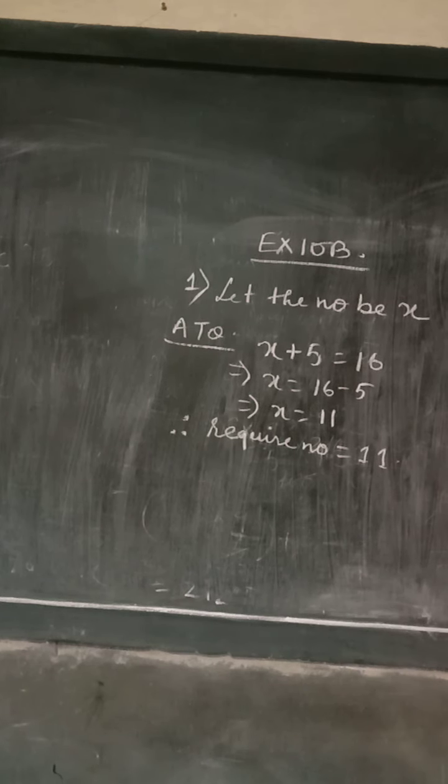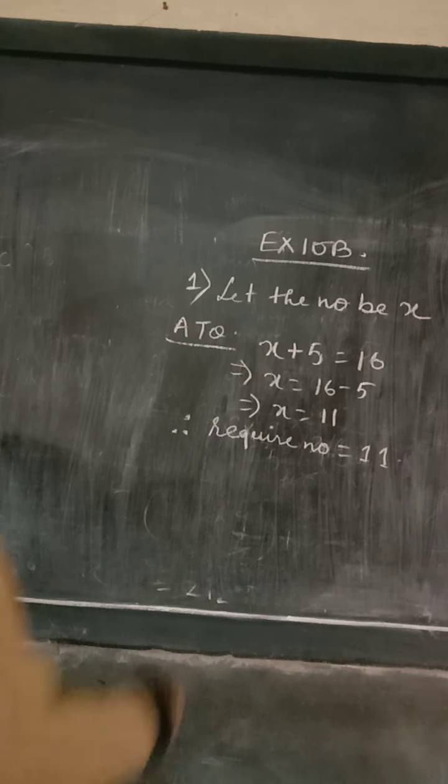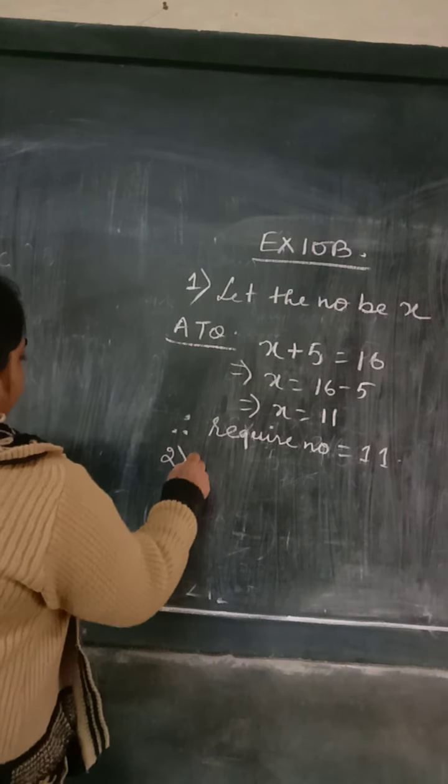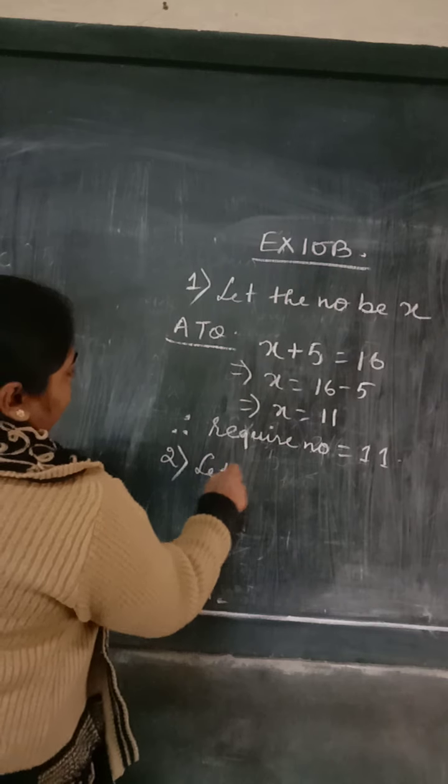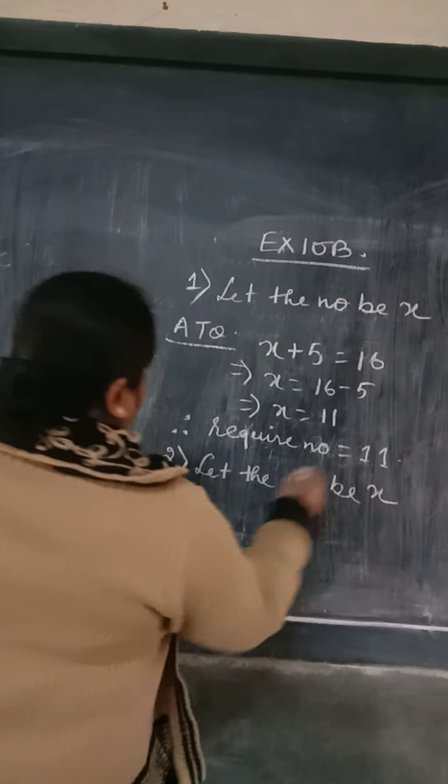Just see the statements they are writing. According to that, we have to form the equation and answer it. Question 2: A number decreased by 7 is 1. Find the number. Increasing is plus, decreasing is minus. So let the number be x.